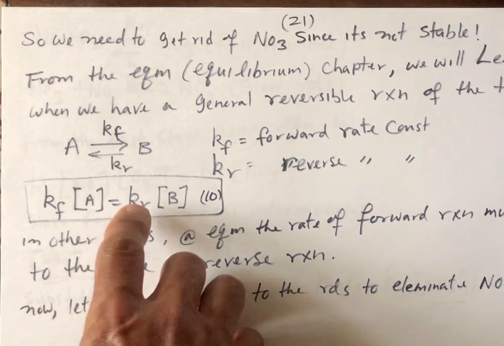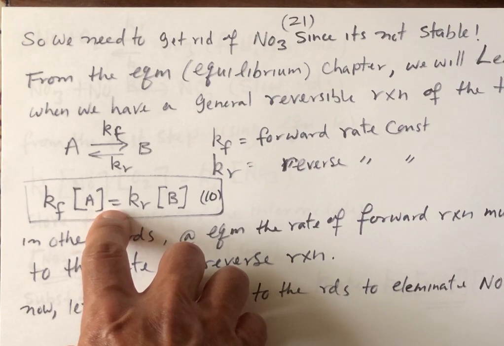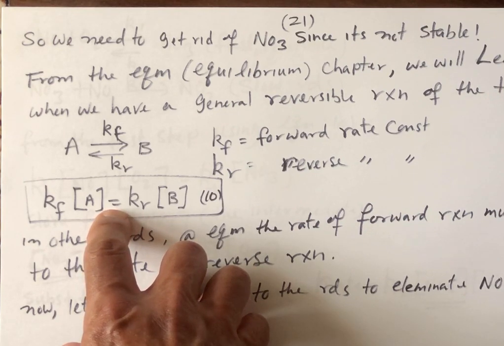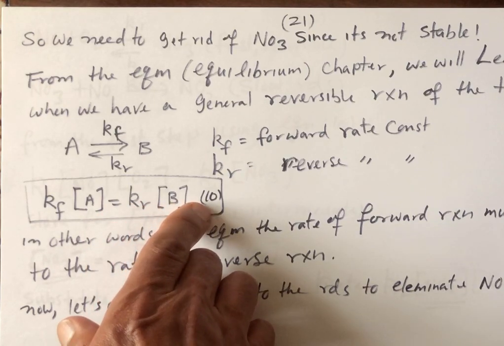So I have borrowed some key concepts from the next chapter, which is the chapter on equilibrium, and I've placed it in this box, equation 10.